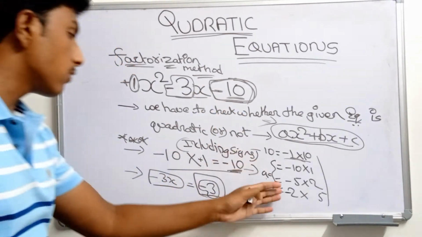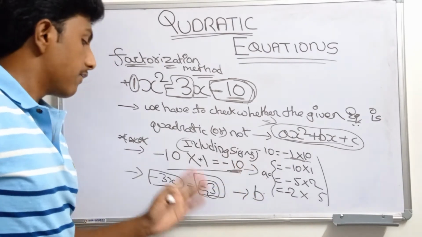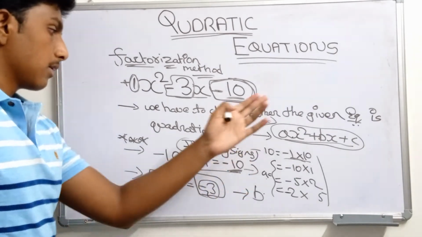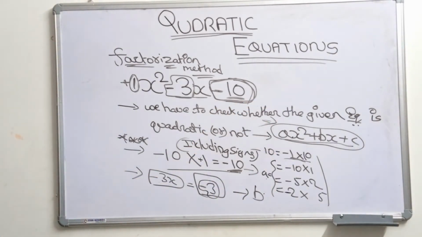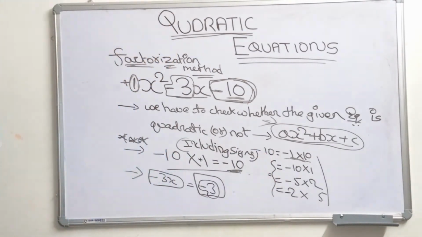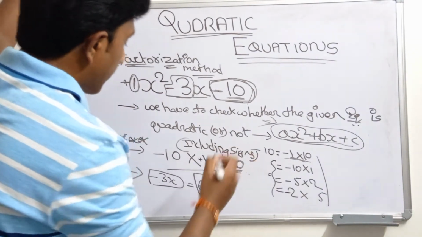When you add any two of the factors of minus 10, the answer should be minus 3. Guys, is it clear? I hope it is clear.